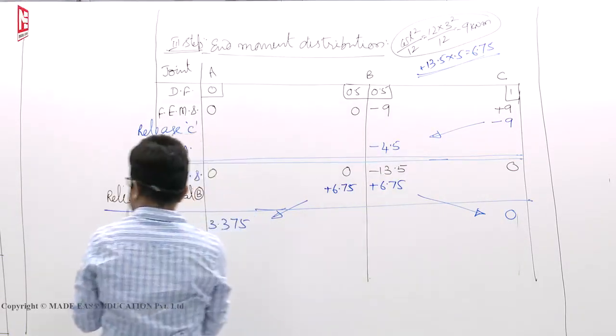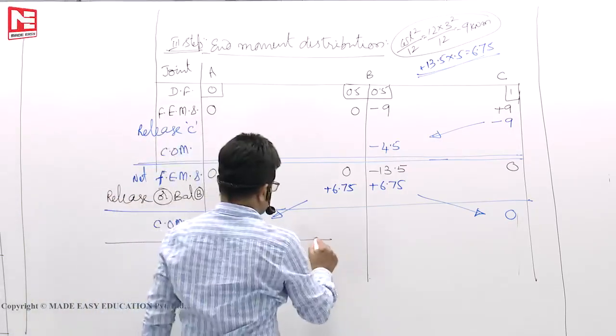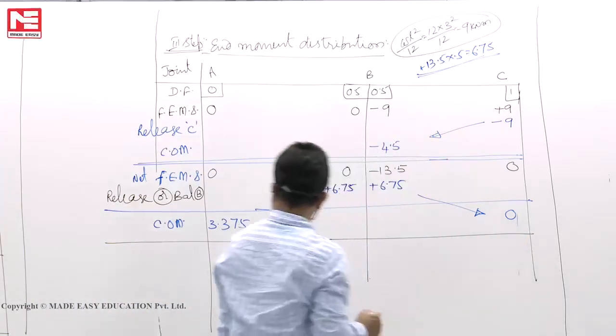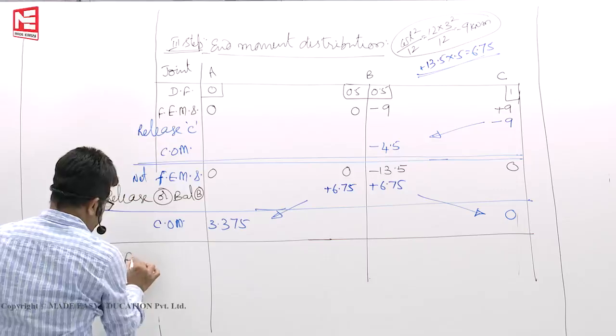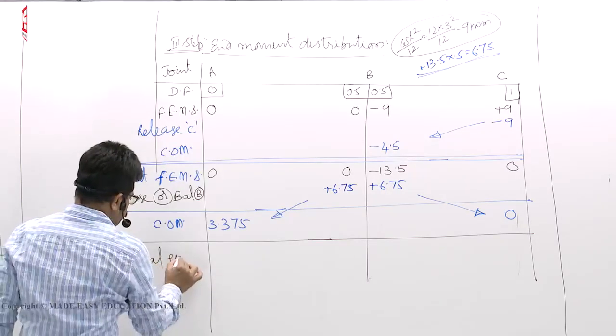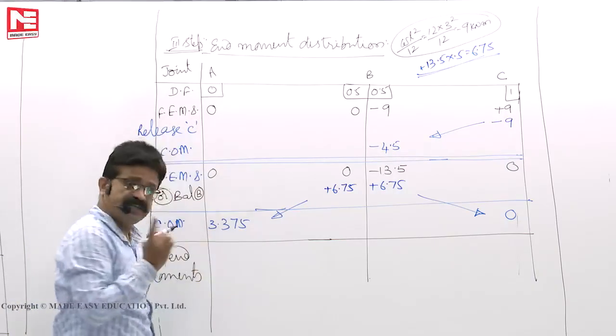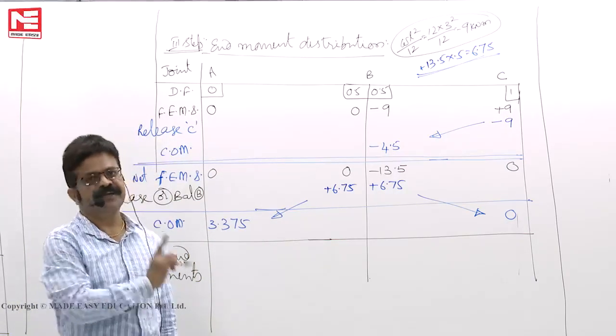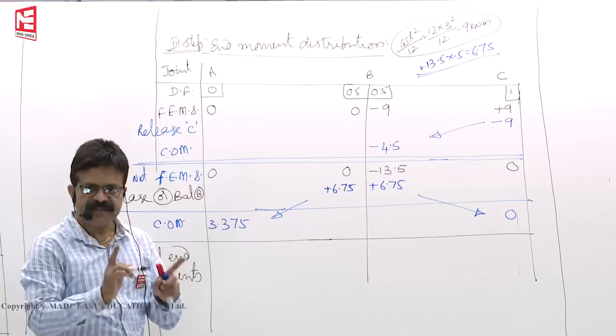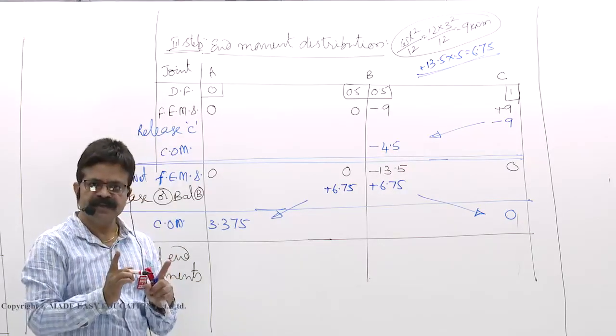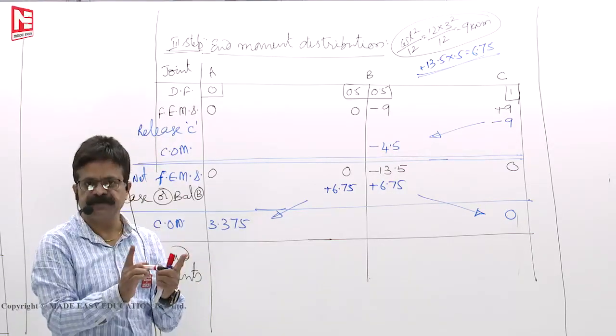Now the final end moments. What you get now is final end moments. Fixed end moments are different. Final end moments are different. Fixed end moments are the moments required to make the slopes zero.